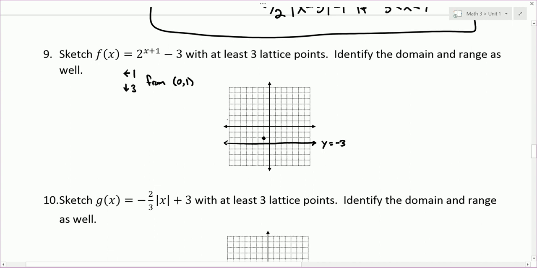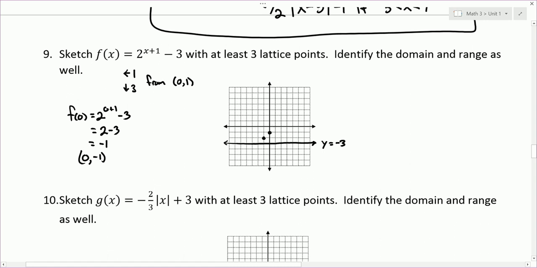We need a couple others. So I have the point when x is -1. I'm going to go 1 to the right, plug in 0, find f of 0. And we get -1 as an answer. So 0, -1 is a lattice point.